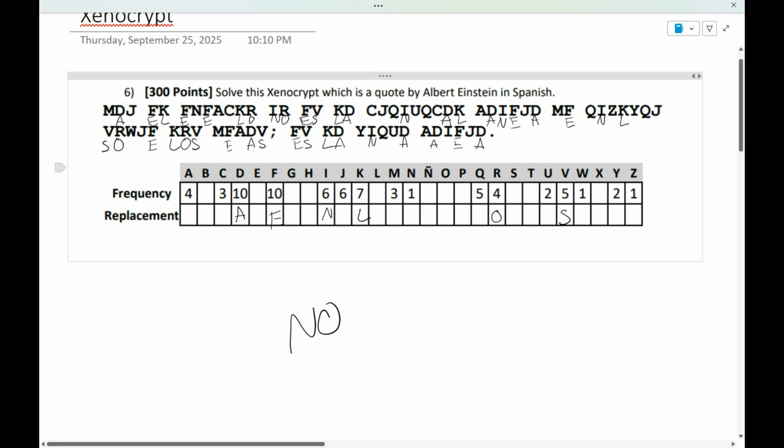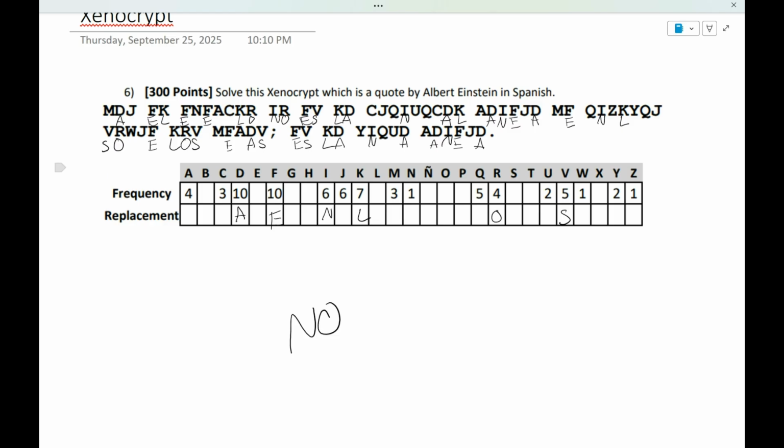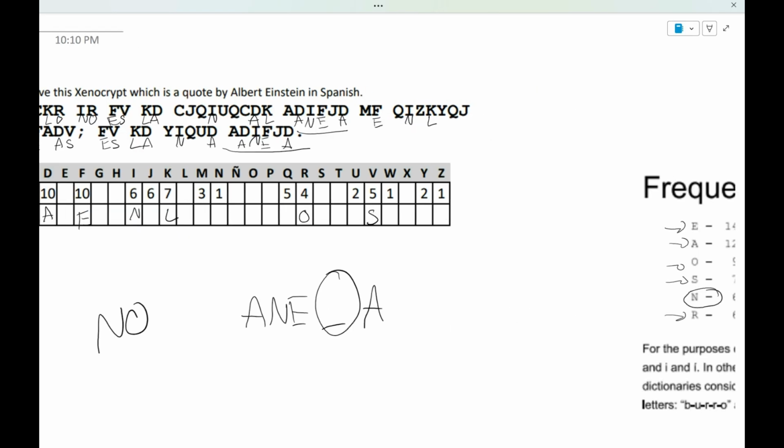Now, we can see that there is a common repeating pattern over here. So you can take a look that these two words are the exact same, right? And we have A and E blank A. So there's something that goes over there, and it has to be a high frequency letter.